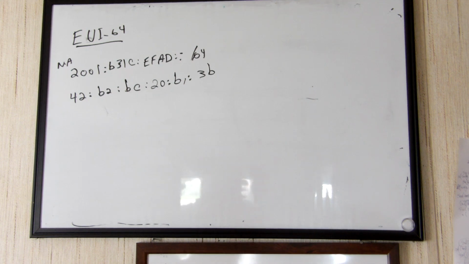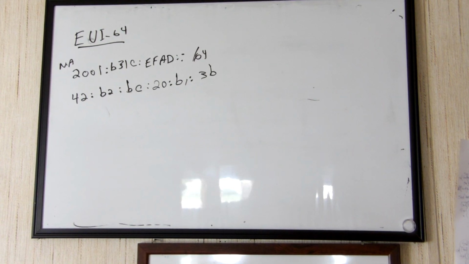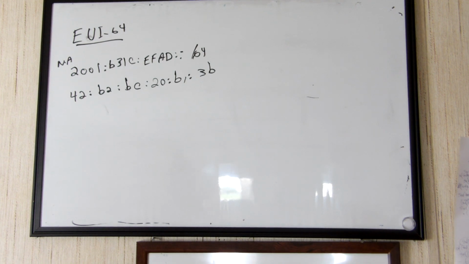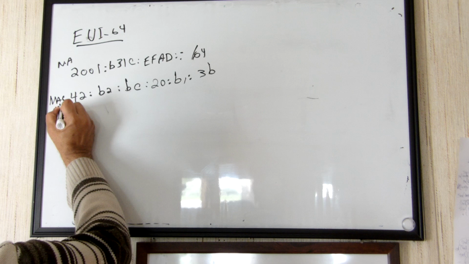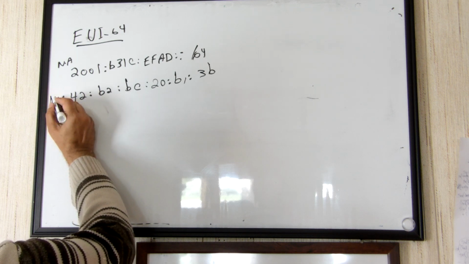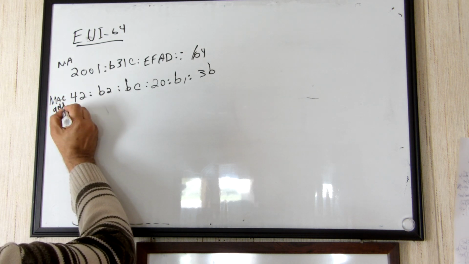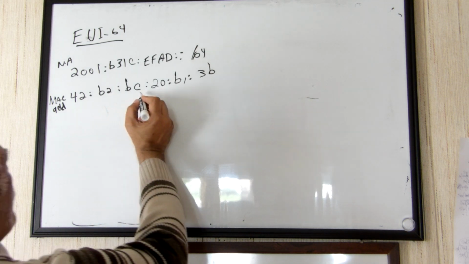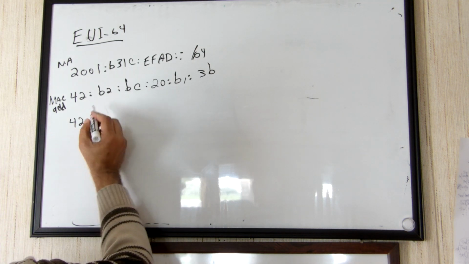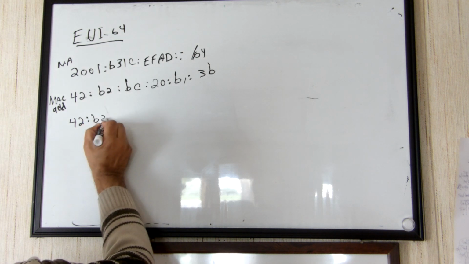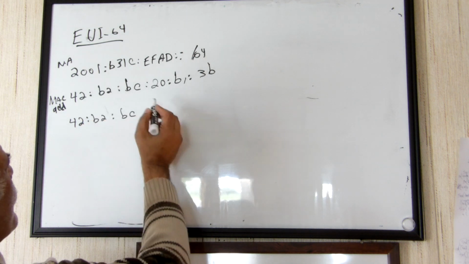Okay, what we do to find out the IP address from the MAC address: in the middle of any MAC address given to you, we put FF FE.